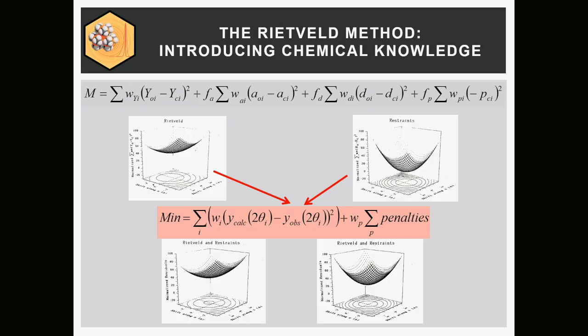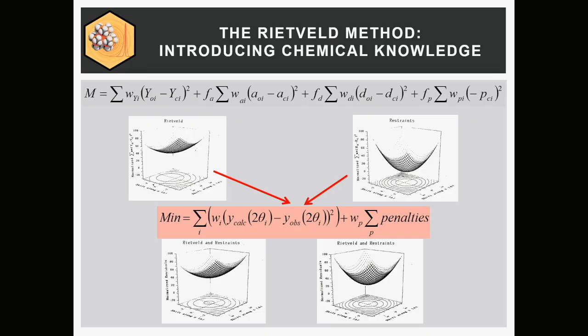Okay, this is how it works. Also in many programs, also Topas. So introducing chemical knowledge is actually changing the minimization function, because you also have to add minimization of the penalties. And what you want is you want to sharpen your minimum.